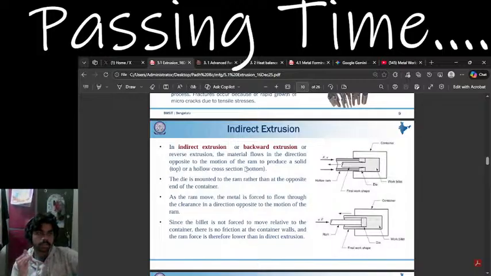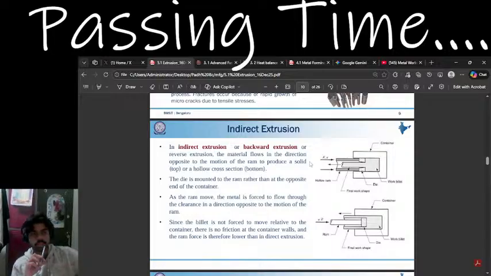The die is mounted to the ram rather than the opposite end of the container. As the ram moves, the metal is forced to flow over.